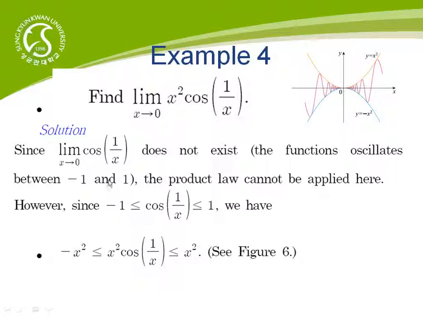So we can apply the sandwich property on this function. Here, the limit of this one does not exist. So even though this approaches 0, this limit does not exist. The product of those two functions doesn't mean anything, so the product law cannot be applied here. However, cosine 1 of x is in between minus 1 and 1. So x square cosine 1 of x is in between minus x square and x square, which is like this.